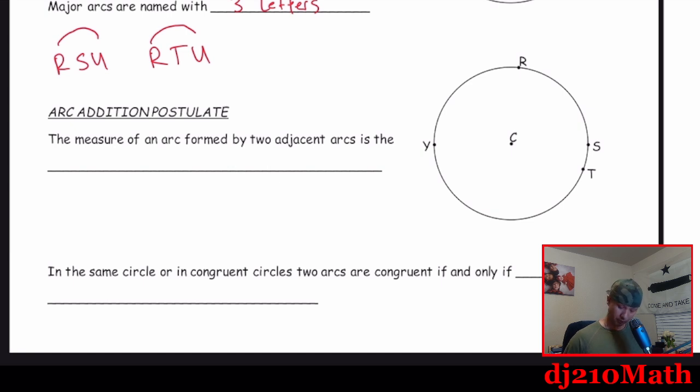So watch. The measure of an arc formed by two adjacent arcs is the sum of the measure of the two arcs.